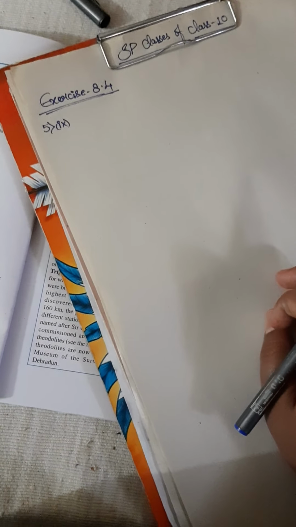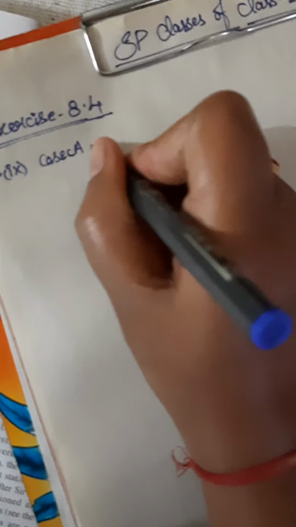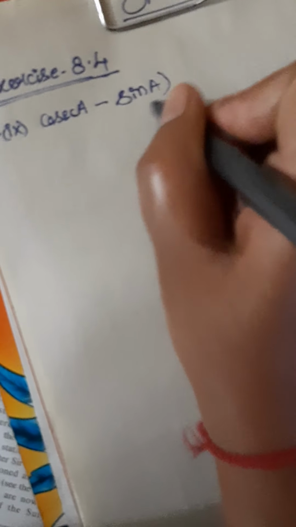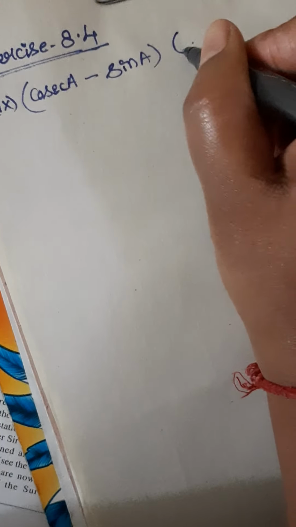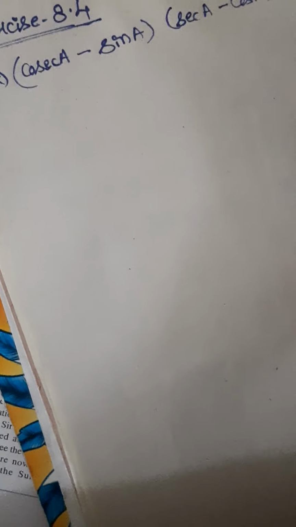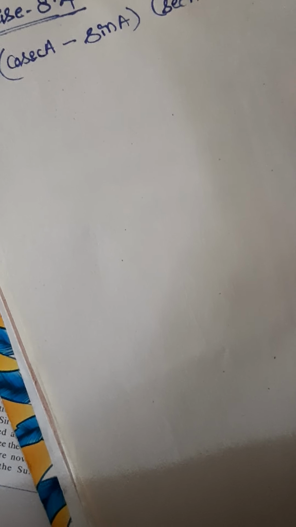We will see this question. What is there here? Cosecant A minus sin A, secant A minus cos A is equal to 1 by tan A plus cot A. Here they have also given one hint.